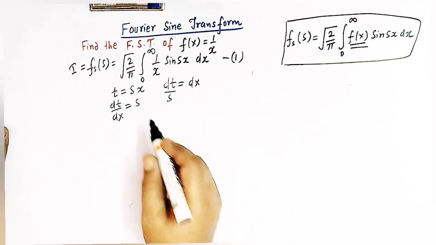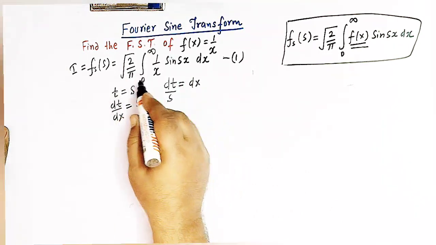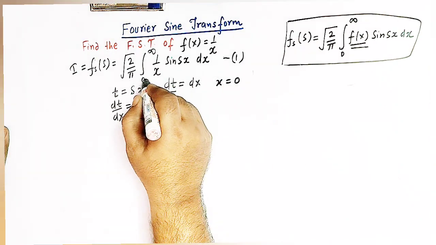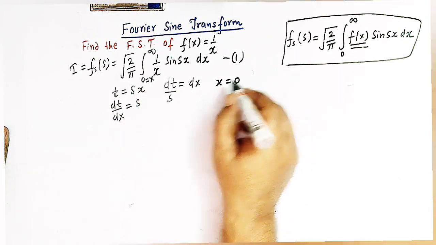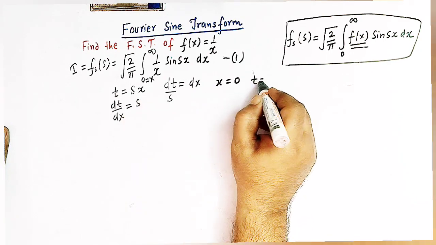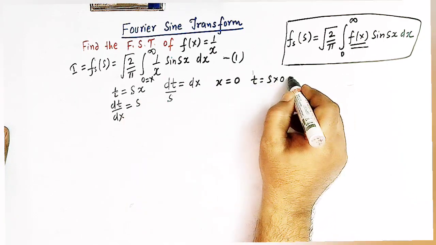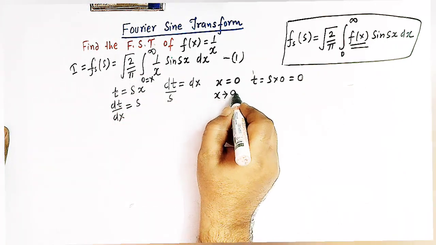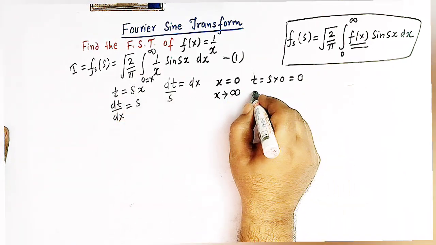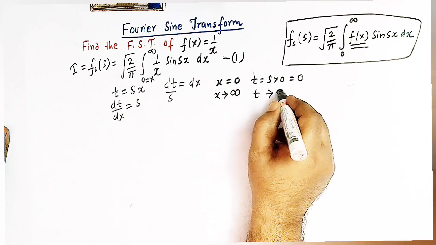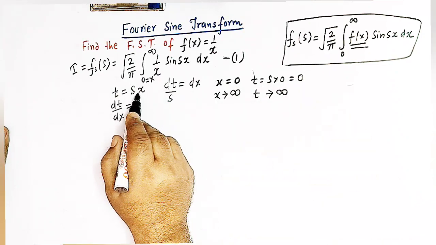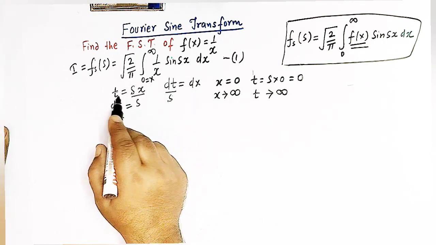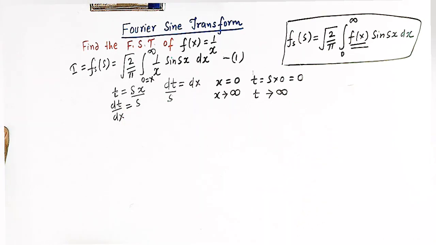So now let us change the limits. So here when x is 0, then the value of t is s times 0, that is equal to 0. And when x tends to infinity, then here t also tends to infinity, because when we take x tends to infinity in this expression, then t also tends to infinity.